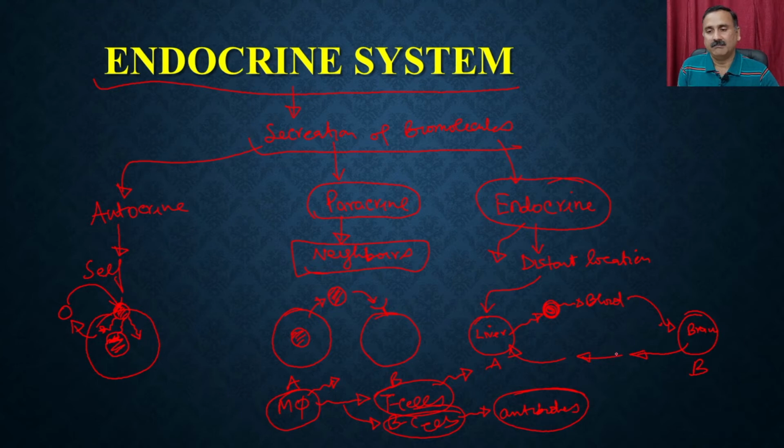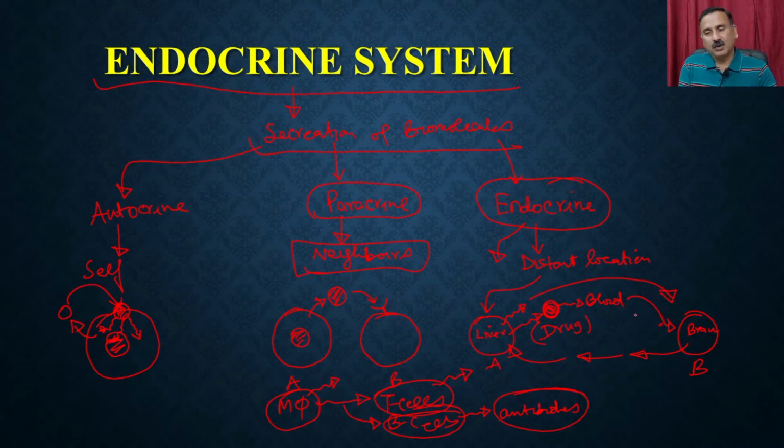One classical example could be if you are taking a drug, for example. Although drugs are not part of endocrine signaling, if the drugs are being metabolized in the liver, it is going to send the metabolic byproducts, and these metabolic byproducts are going to be received by the distant organ.